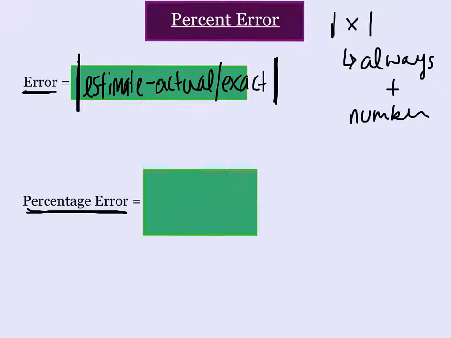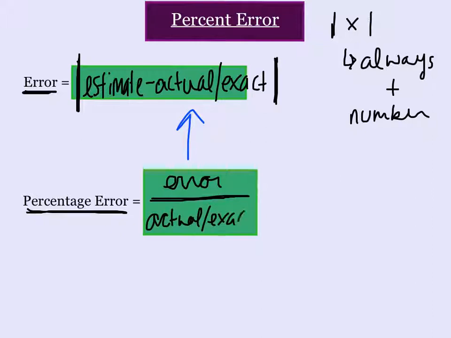Percentage error is your error, which was that number right up there, divided by the actual, or exact. And so error was the number above us, and then actual or exact is the same down below.